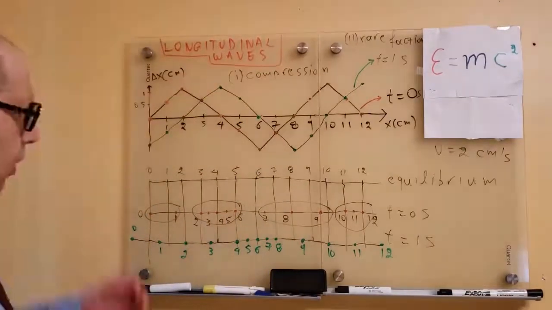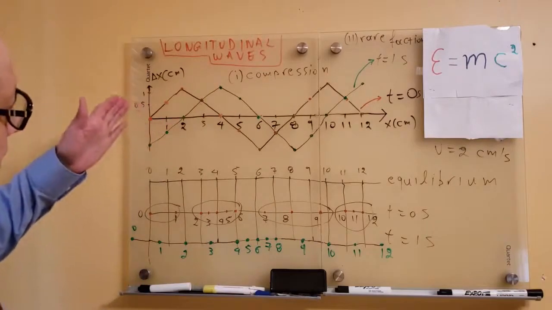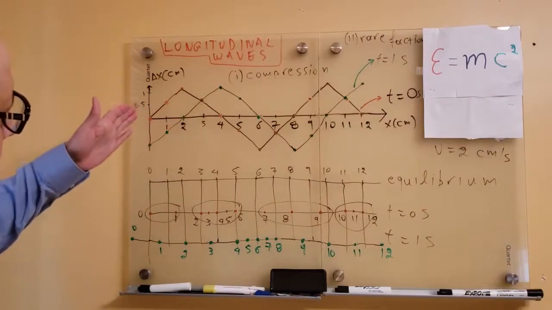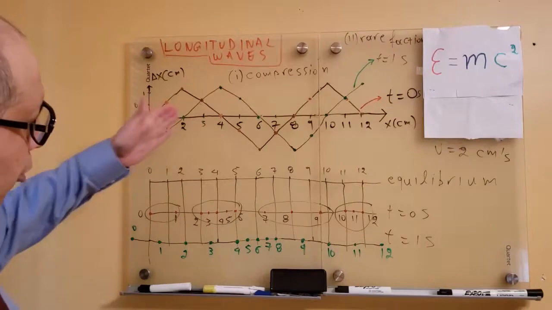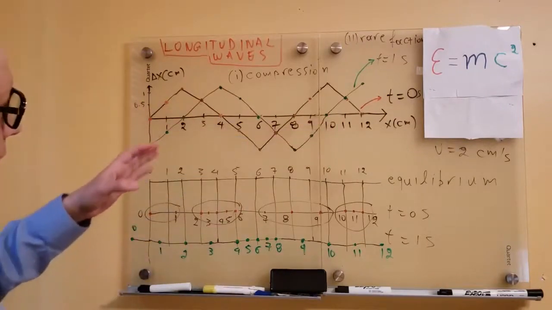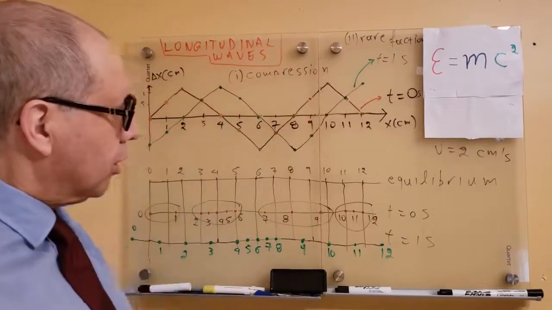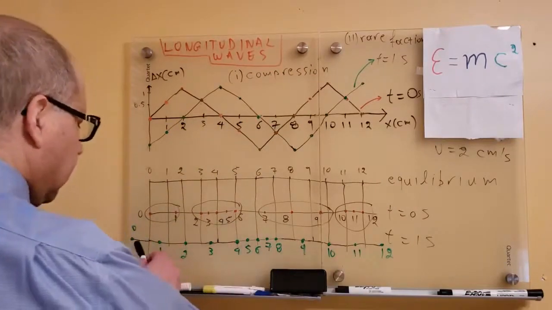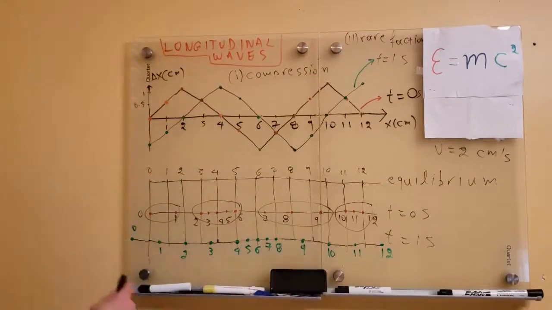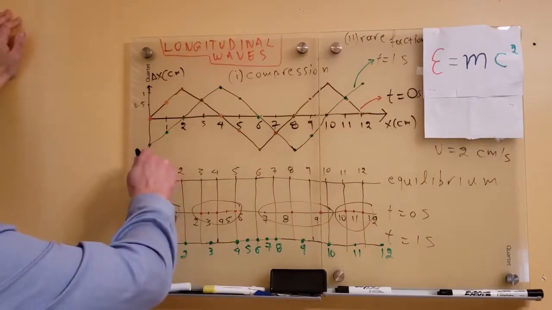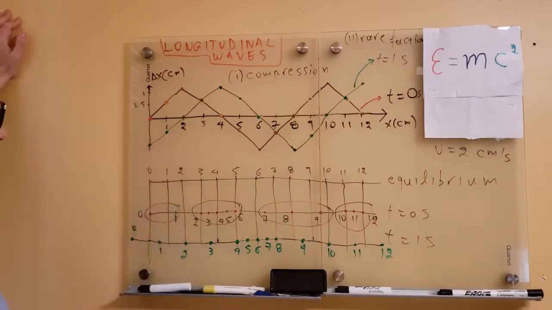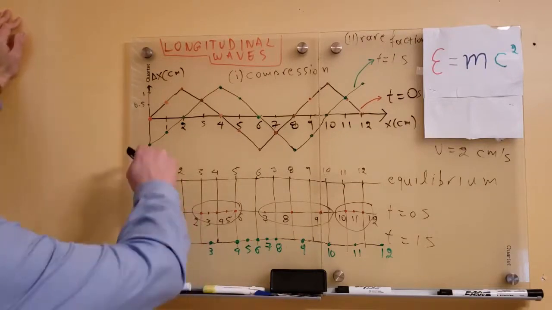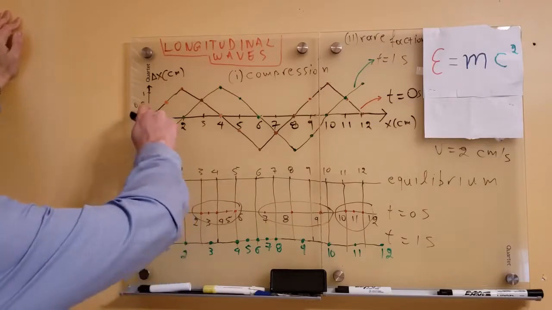So we move the one with the red dots to the right 2 centimeters. Finally, the last question is to locate the 12 points again at t = 1, in the lower figure. Here the green dots represent the points at t = 1.